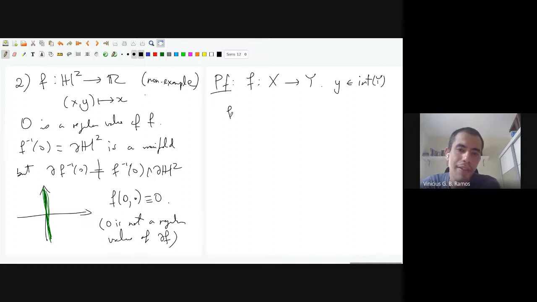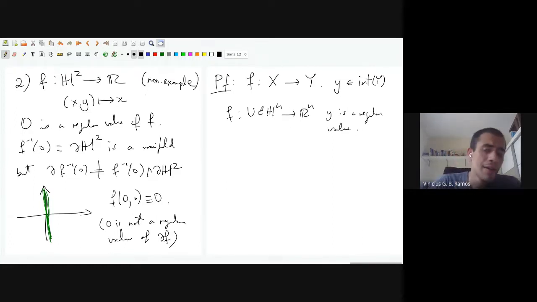So now we can look at this local picture. So we have some neighborhood in Hn mapping into Rn, and y is a regular value. And then the picture is exactly the same as before, as the theorem when you look at the preimage of a to plus infinity. So you use the implicit function theorem.